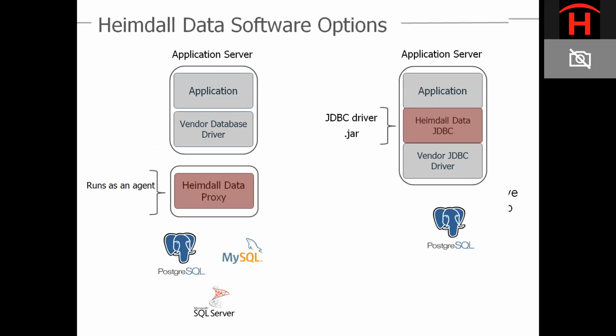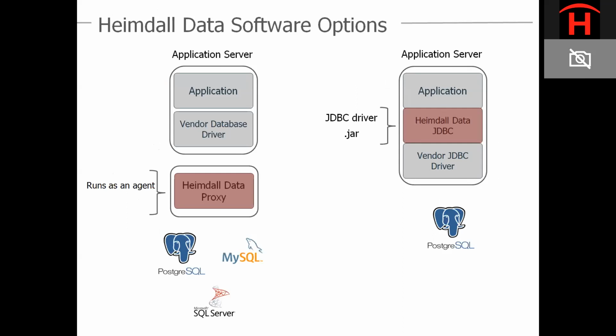First, as a background, the Heimdall proxy sits in front of Postgres, and we offer two software options. It can be run as a JDBC driver that sits in between the application and the vendor JDBC.